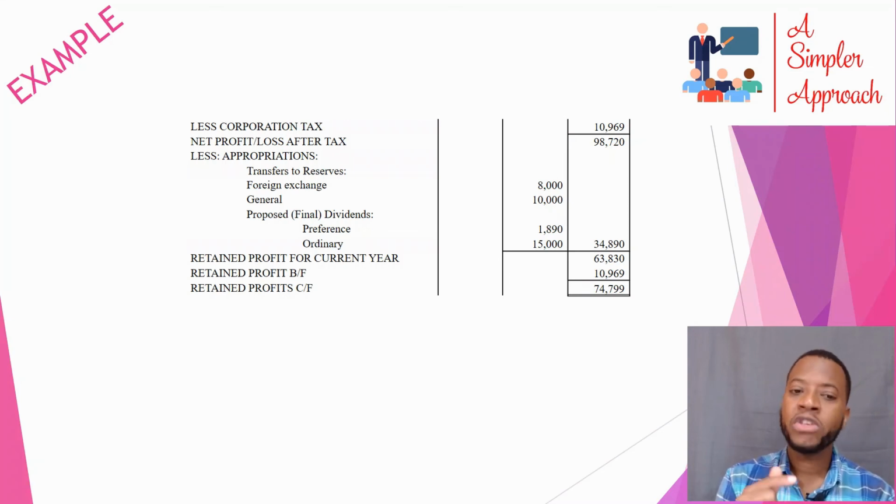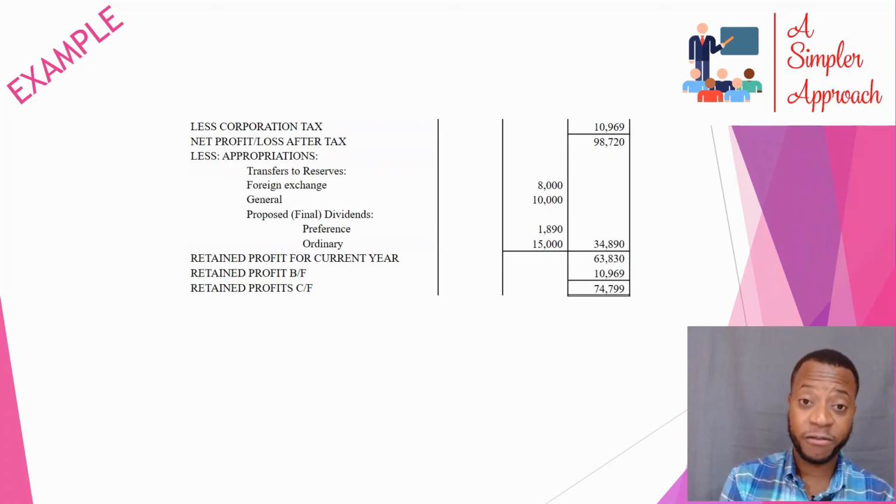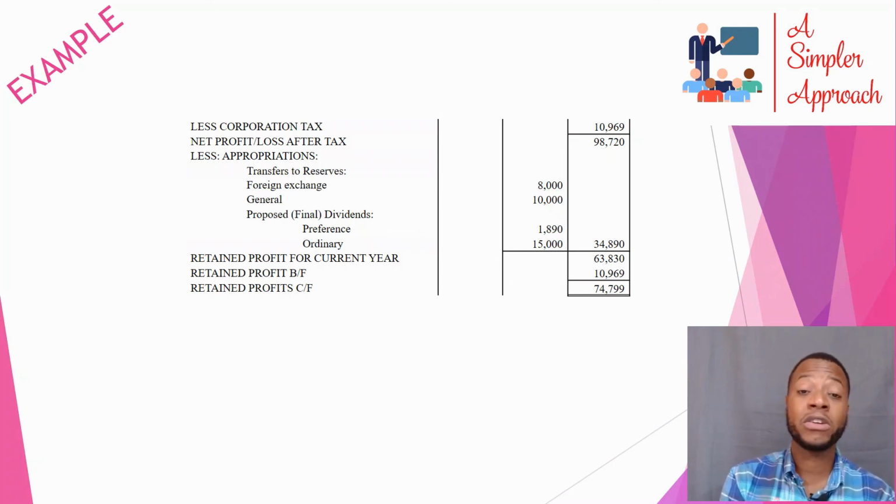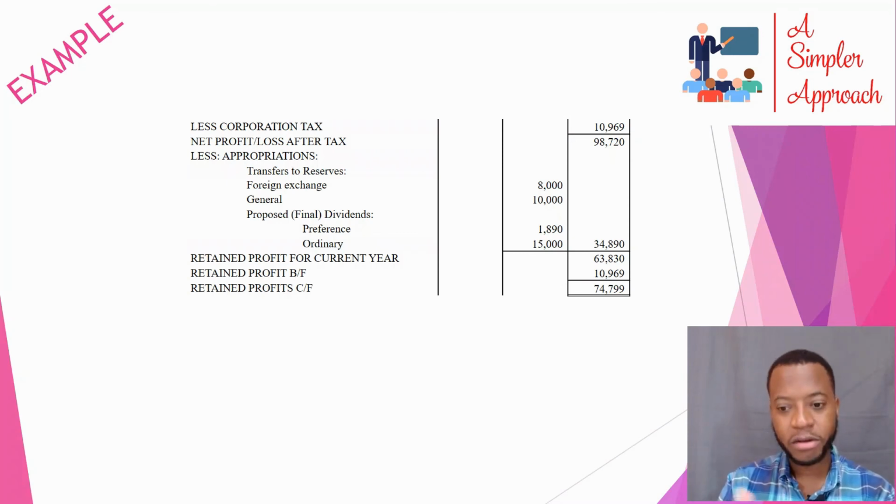To that, you add retained profit brought forward, which means retained profit from last year, the previous accounting period, which is 10,969, which therefore gives 74,799 in retained profits that will progress to the next year or to the next accounting period.